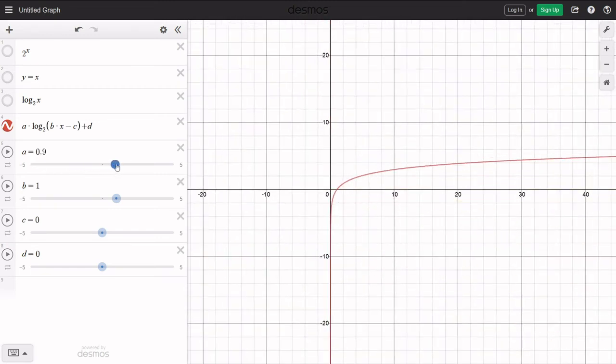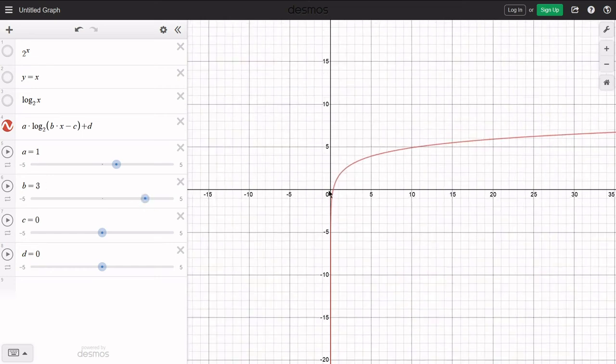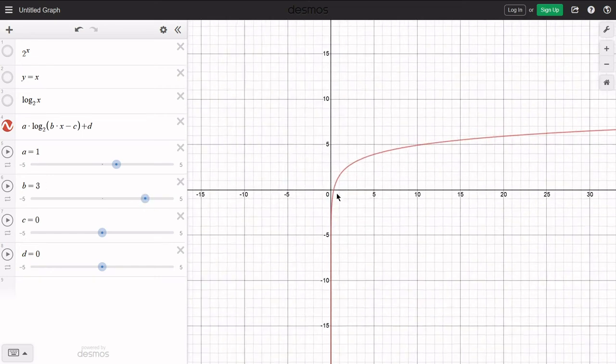Okay, let's look at changing b. When b is greater than 1, it's hard to see. This is a little bit of a weird function, but this is actually a compression horizontally. You're taking your hand and shoving it closer to the y-axis.